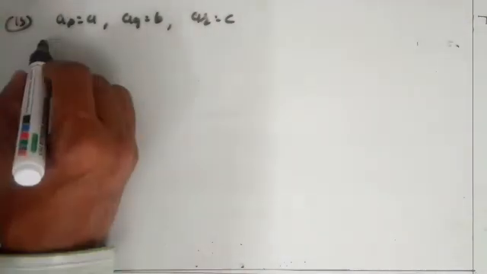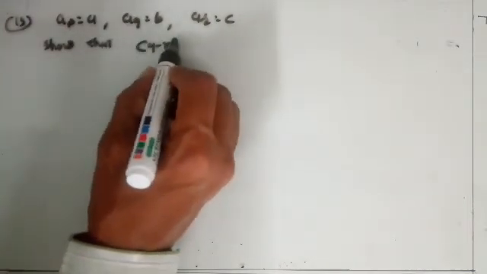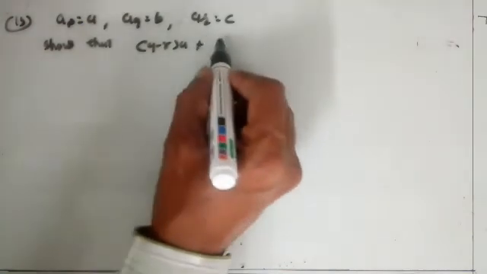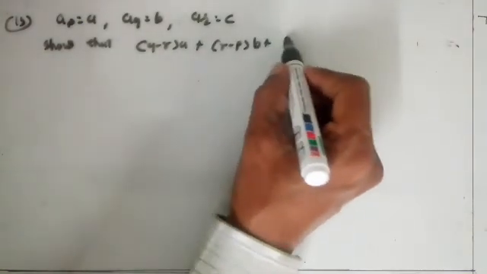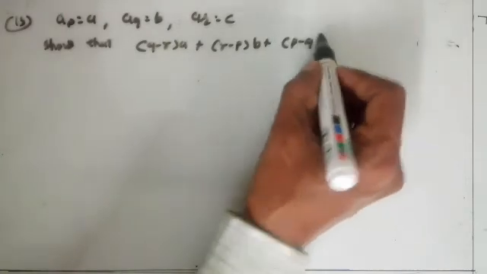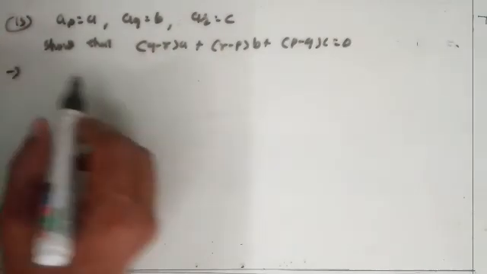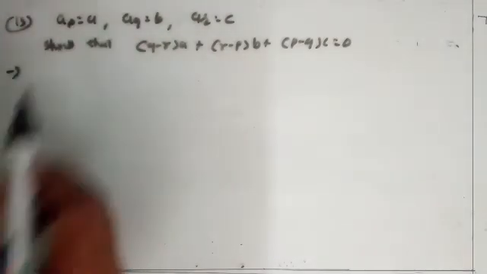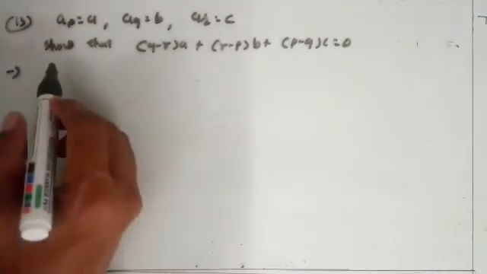Show that (q minus r) into a plus (r minus p) into b plus (p minus q) into c is equal to 0.